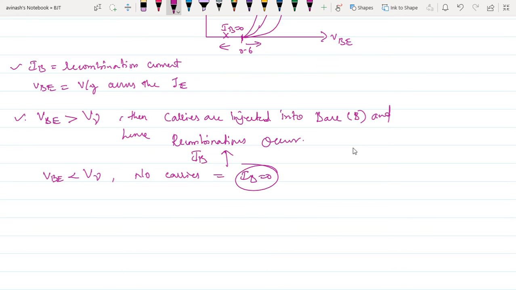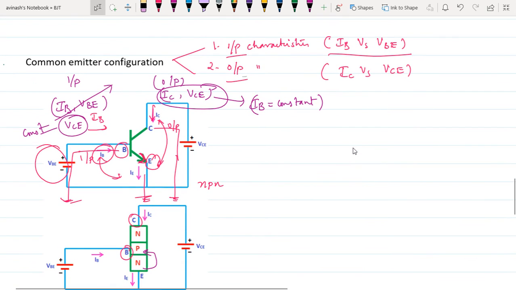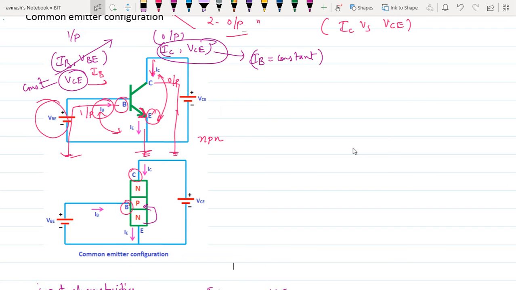Now if you apply KVL here, this is VBE. Then in the same way, what is the voltage appearing at this point? This is the collector junction, this is the base junction. Then this will be called VCB. If I apply the outer loop KVL, then what do I get here?